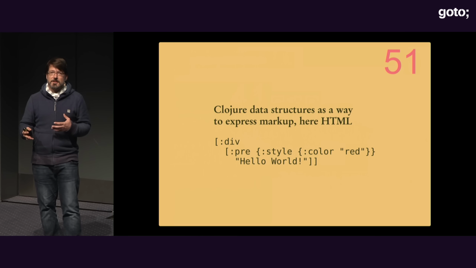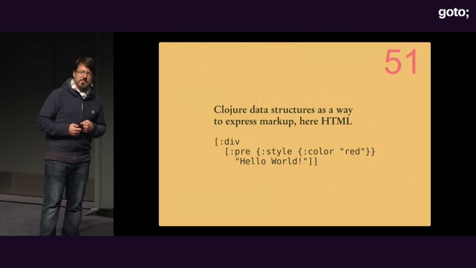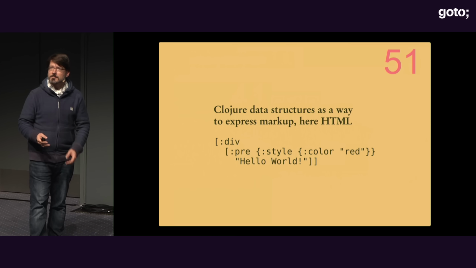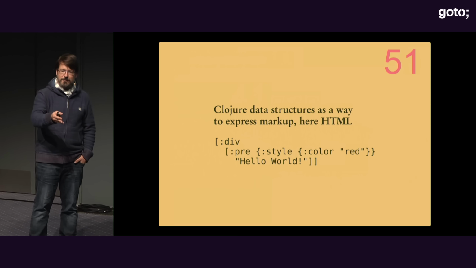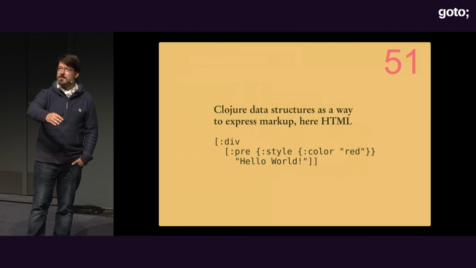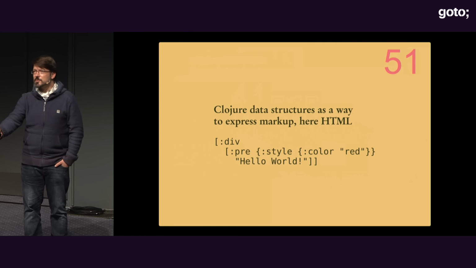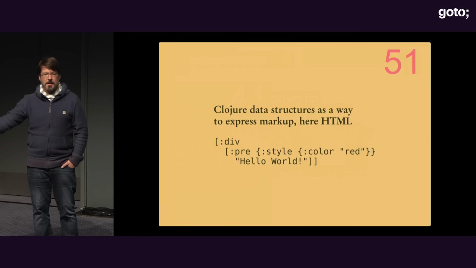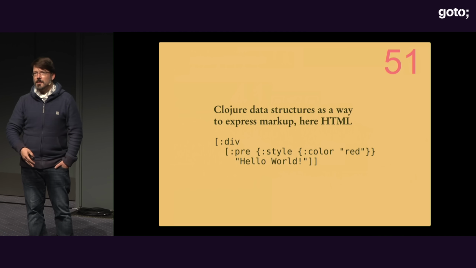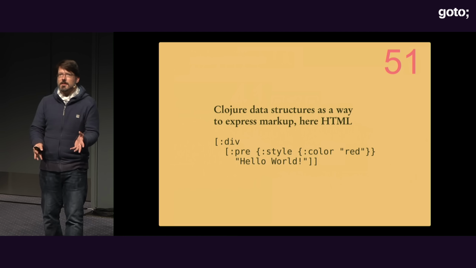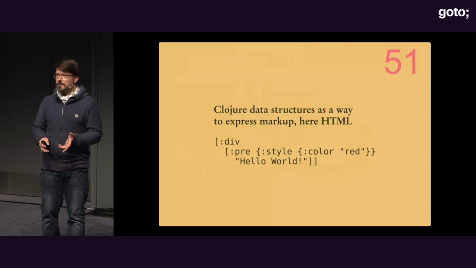And these data structures can be used to express, for example, markup. So here we have an example with HTML. We have a div. Inside of the div is a pre-tag, which comes with an attribute style, which has some styles, and then the content of the pre-tag. And this is just templating. It's just one way of doing templating.